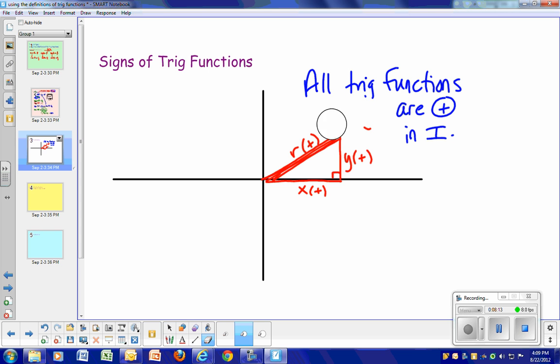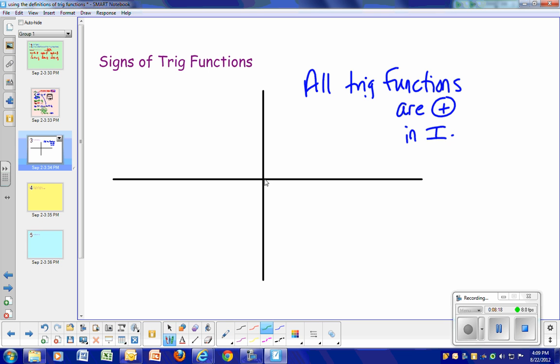Now let's think about quadrant 2. I'm going to take this triangle out of here because I have a feeling it's going to get pretty messy by the time we're done. I just wanted you to be able to look at that. And now let's look at this triangle instead over here in quadrant 2. Here's our point on the terminal side of the angle. It's x comma y. But in this case, since x is going to the left on the coordinate plane, x is actually negative. Y is going up, so that would be a positive amount. R is always positive. So if you think about your trig definitions, remember the other day where we had that slip of paper with y over r, x over r, all that?